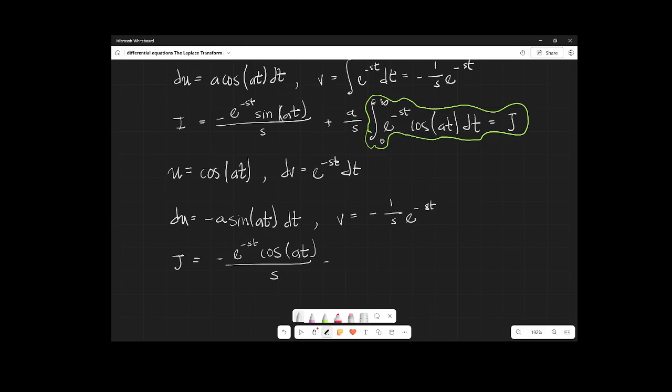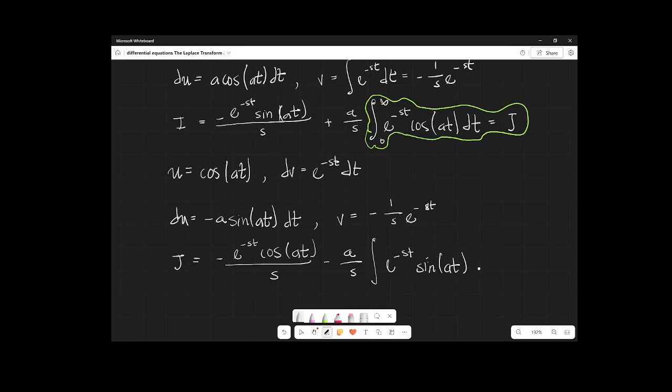Yes, and a divided by s times e to the negative st sine of at.